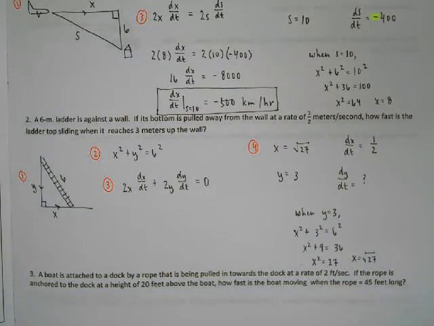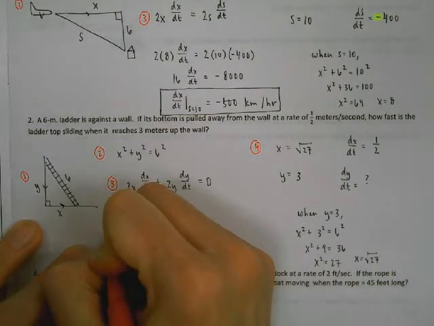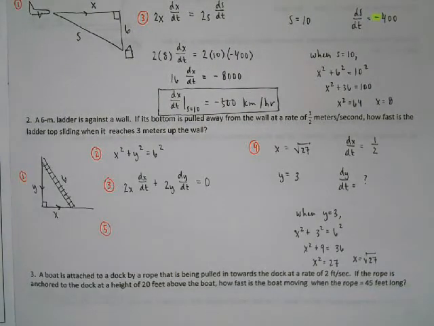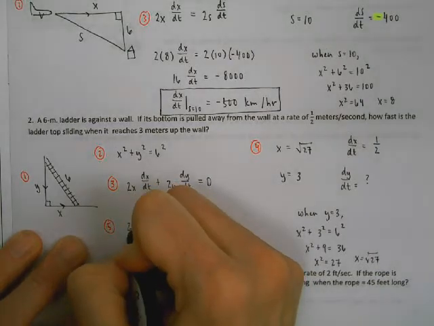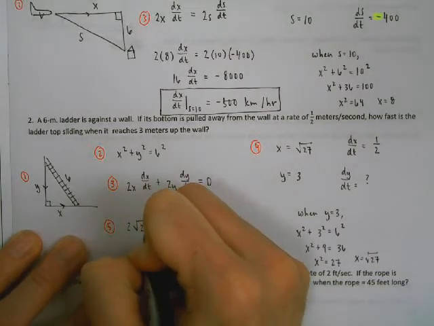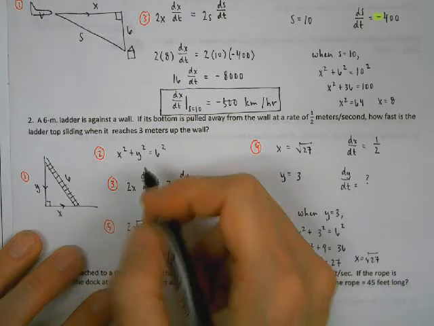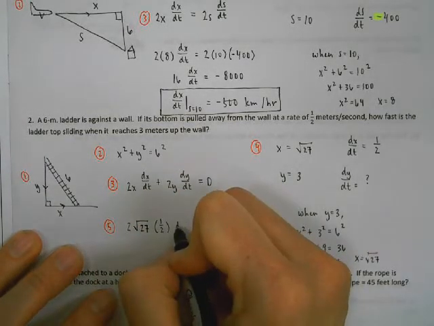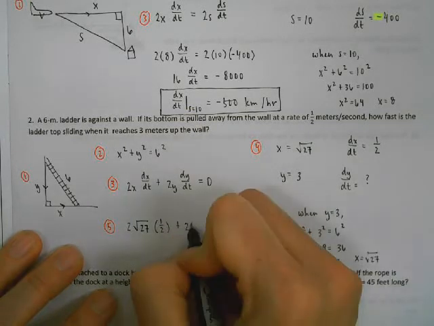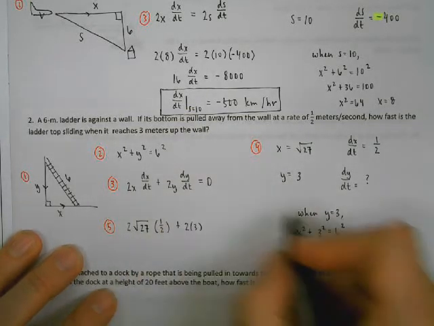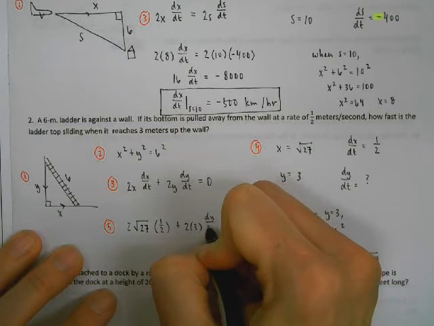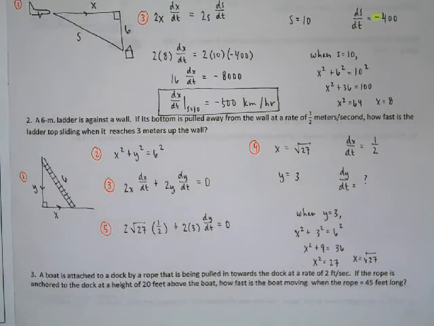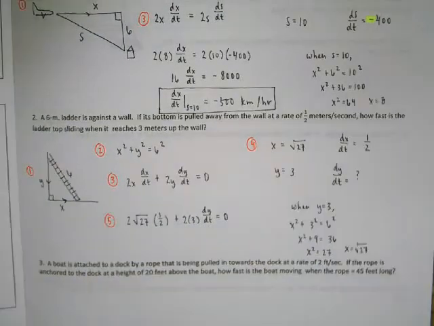So now we'll do what's really step 5, which is to solve. So now I have 2 times the square root of 27 times dx/dt, which is 1/2, plus 2 times y, which is 3, times dy/dt, which is what we're trying to solve for, and that's all equal to 0.